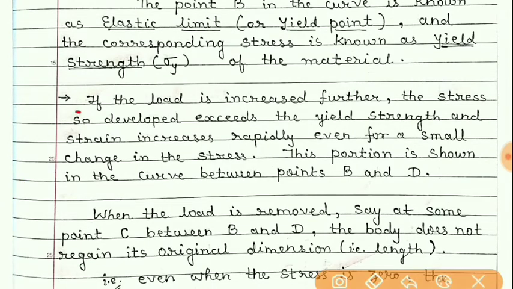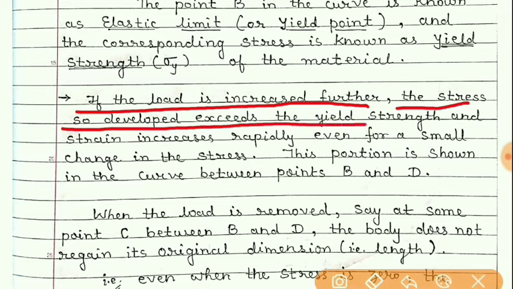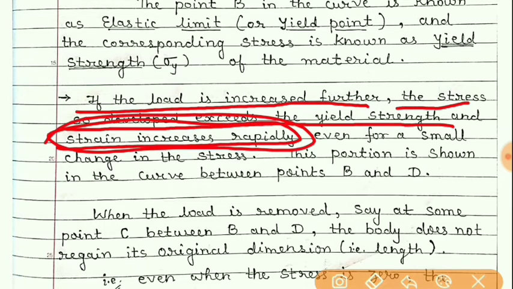Now, if the load is increased further after obtaining point B, the stress so developed exceeds the yield strength and strain increases rapidly. Now strain is more.